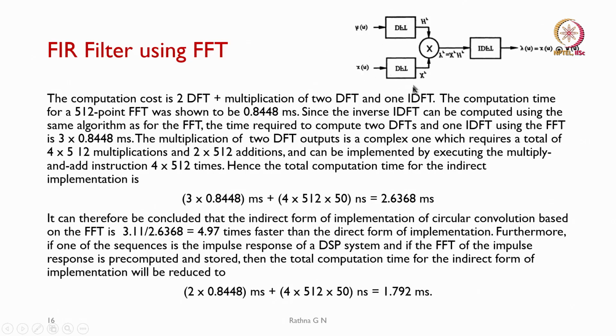So, if we apply DFT and keep the pre-computed values here, we can avoid one of the DFTs online. Then it becomes 2 into 0.8448, which reduces to 1.792 millisecond compared to our 2.6368 millisecond. So, still we will be gaining.